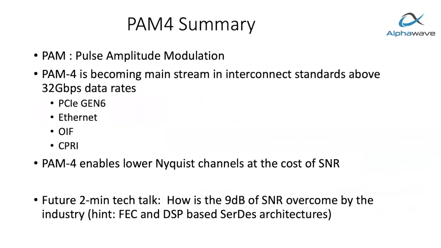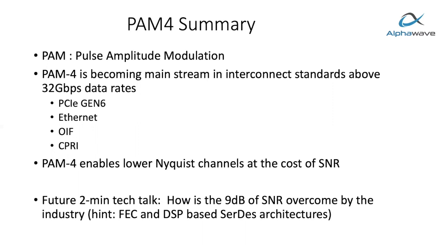And so, in summary of what PAM4 is, PAM is pulse amplitude modulation. PAM4 is actually becoming mainstream in interconnect standards above 32 gigabits per second data rates, such as PCI Express Gen 6, 802.3 in Ethernet, OIF, CPRI, and many more.